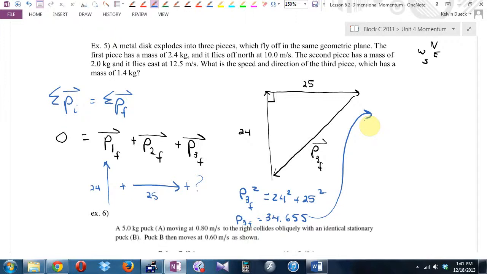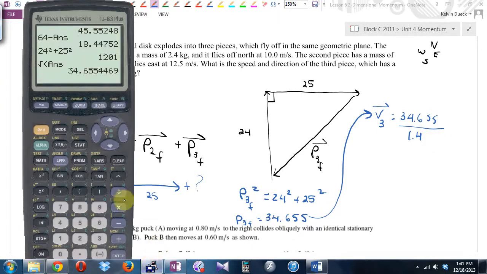I hope they did. Oh, okay. So V3 is going to be 34.655 divided by 1.4. Do you get 24.8? I'll go to 3 sig figs because it's kind of my final answer. 24.8.